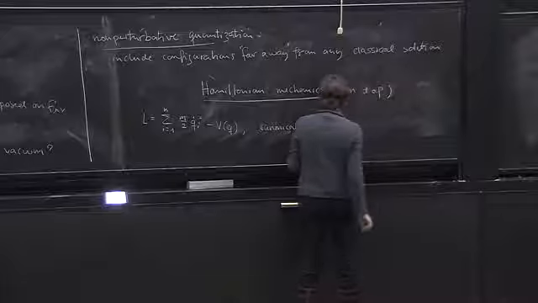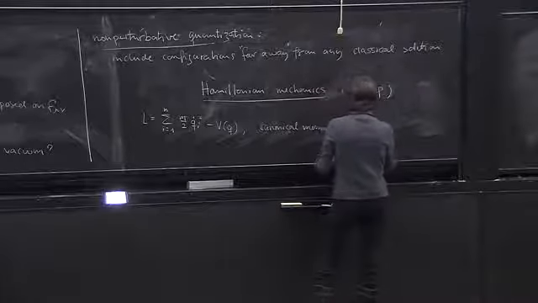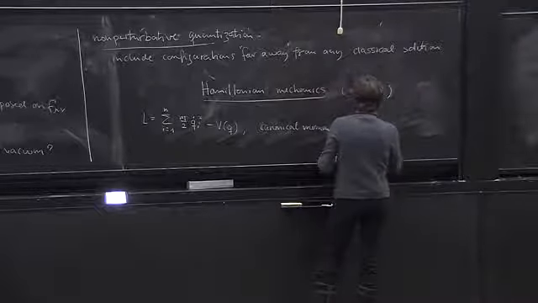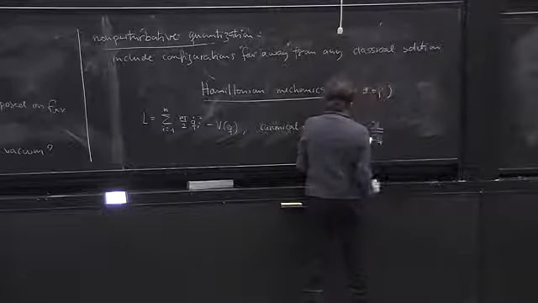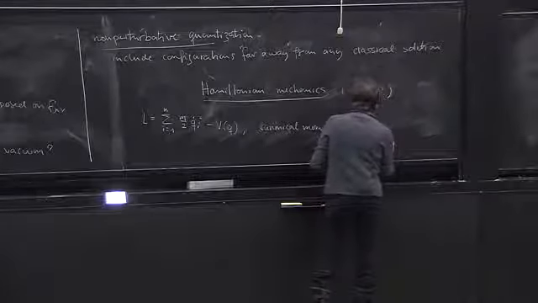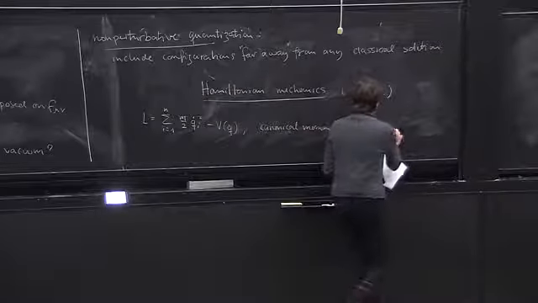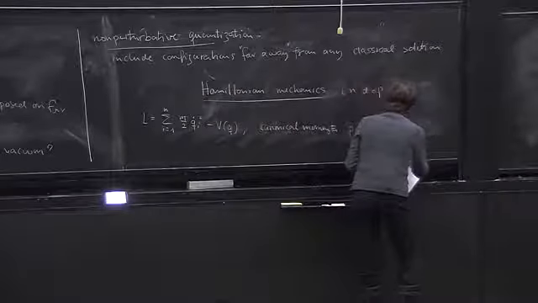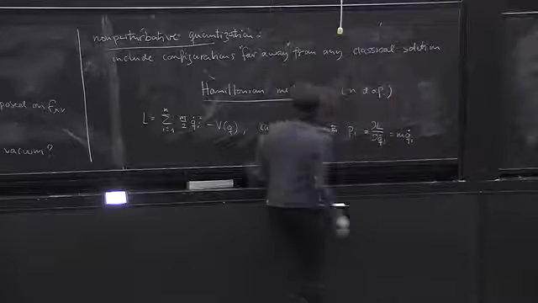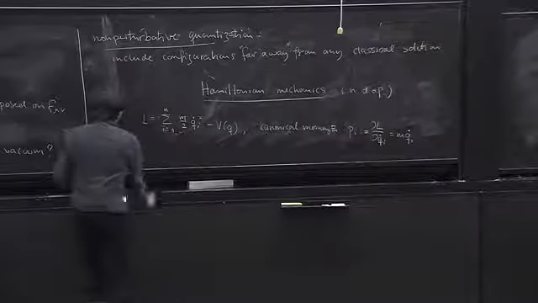They are called little pi, and by definition are given by partial derivatives of this Lagrangian with respect to the i-th velocity, and therefore are just equal to m q_i dot, just looking at this expression here.